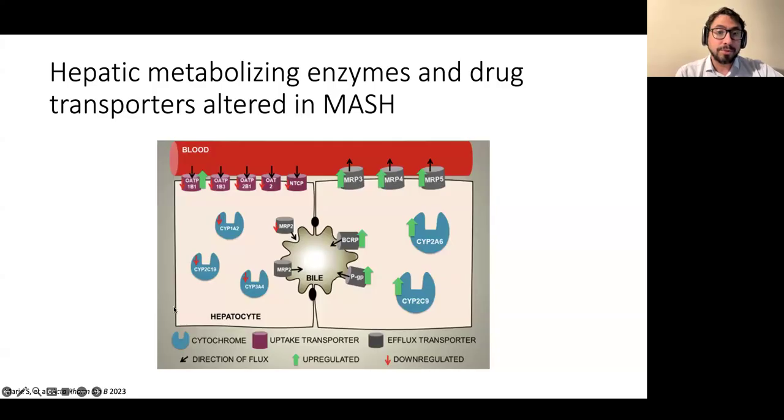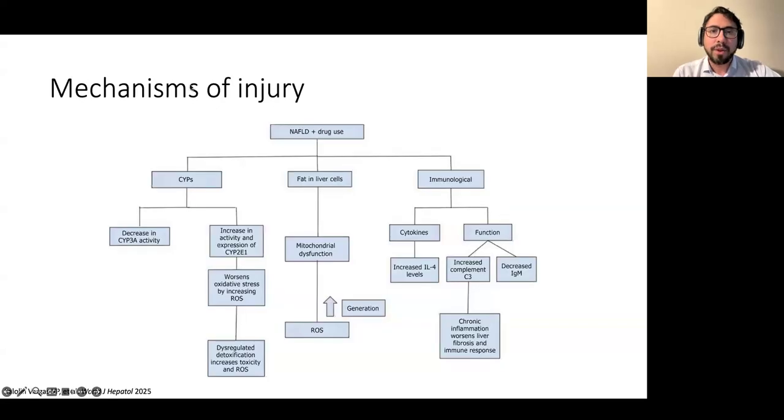For example, CYP2C19 can affect the clopidogrel effectiveness and metabolize many important medications like omeprazole or many others. So this is another factor that has not been so evaluated in the risk of drug-induced liver injury in this population.